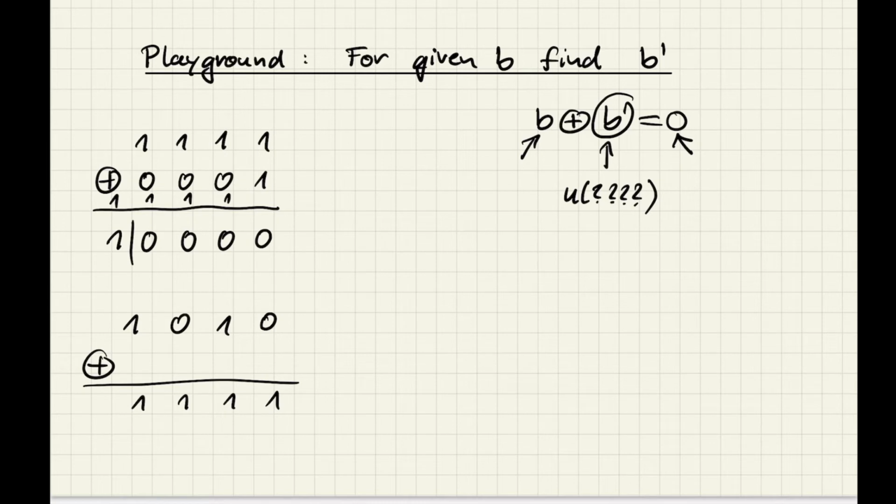Because if that problem is solved, we can take advantage of the fact that we modified our adder so that we have some initial carry. So now you can pause the video for a few seconds and think about what bits you have to choose here.